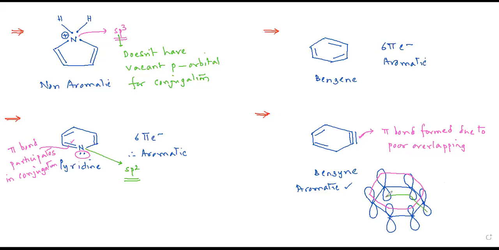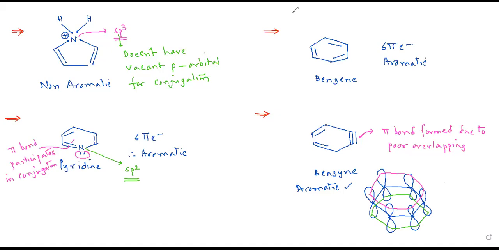This is a regular overlapping of the vacant p orbitals in lateral or sidewise manner. So this is how the cyclic delocalization of the pi electrons occurs.